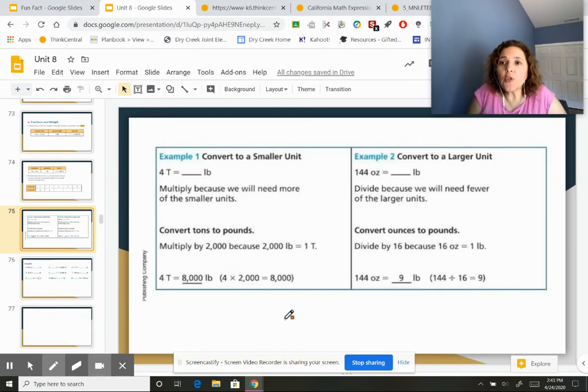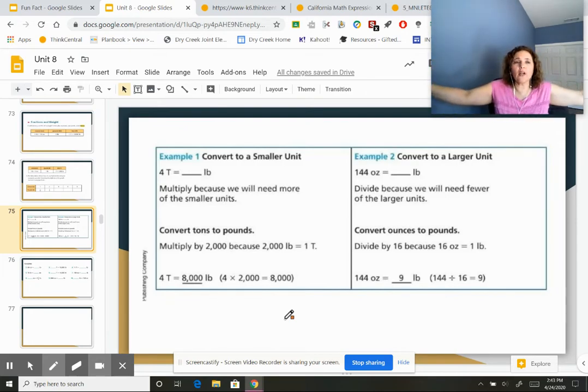Okay, so now we're going to do some conversions. But remember that if we're going from a smaller to a bigger unit, we must divide. Smaller to bigger, you must divide. Sing it with me, don't leave me hanging.